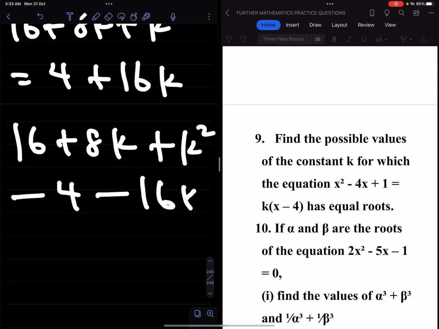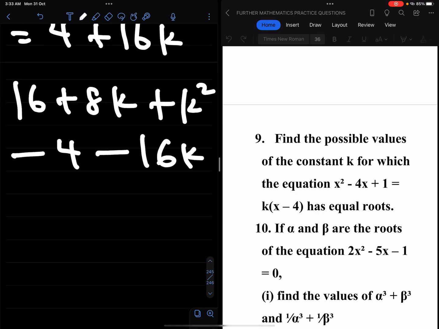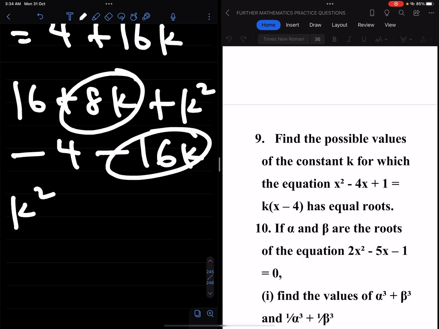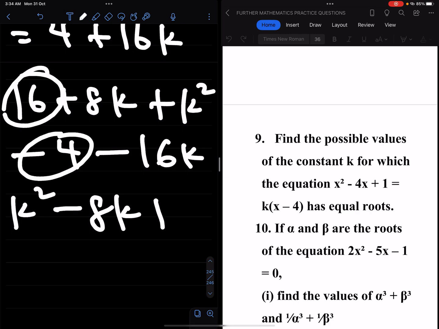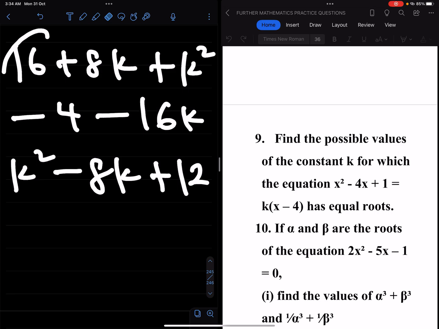And that's the same as 16 plus 8k plus k squared minus 4 minus 16k, that is, moving everything on the right hand side to the left hand side. Here I should even put equals 0.